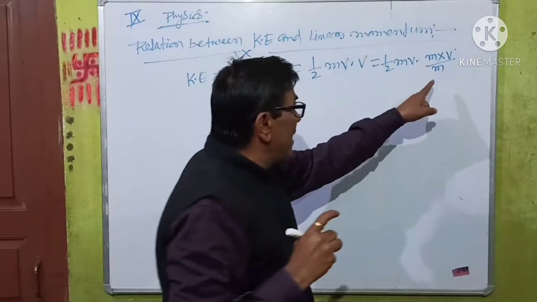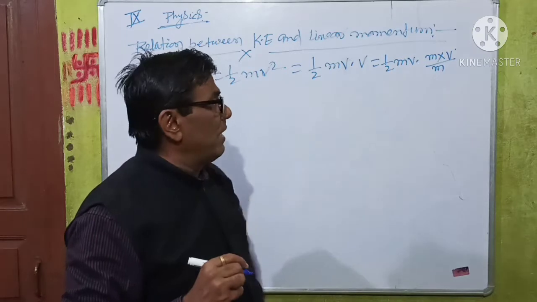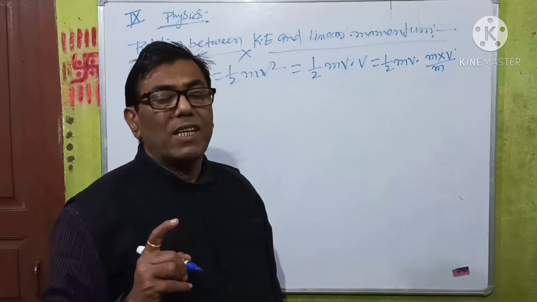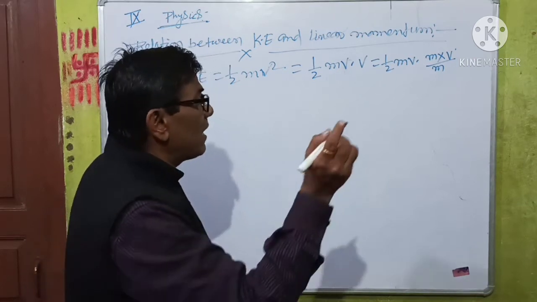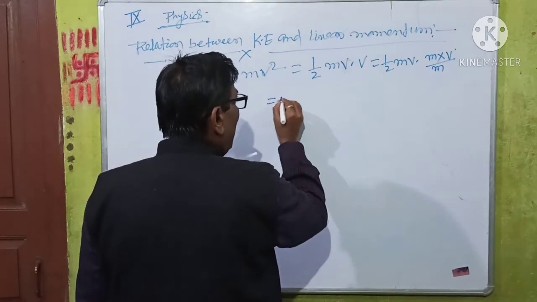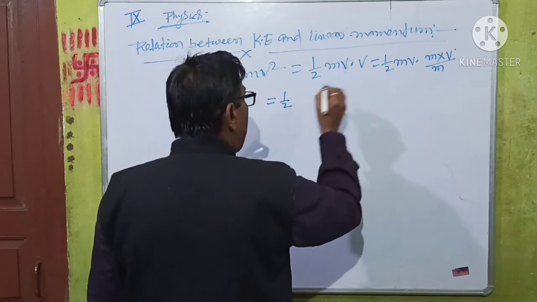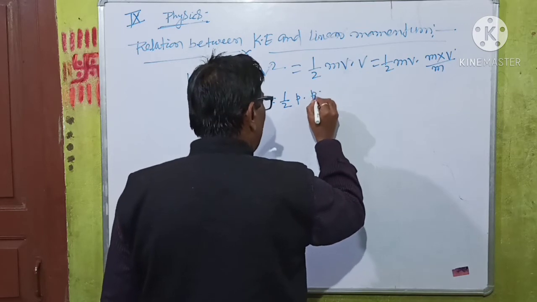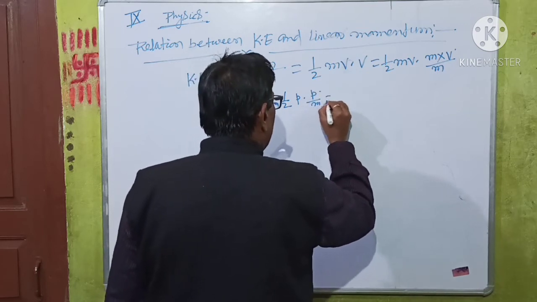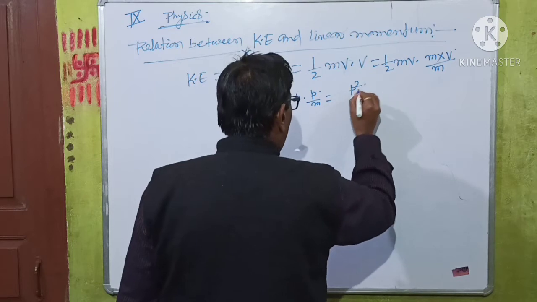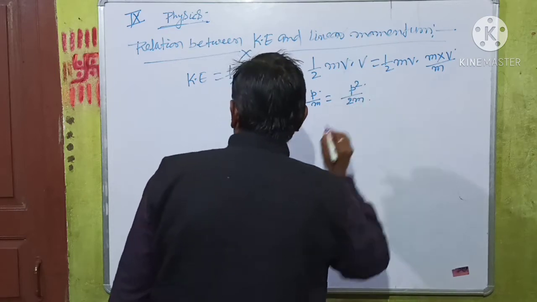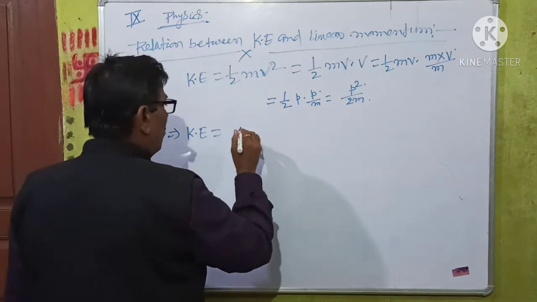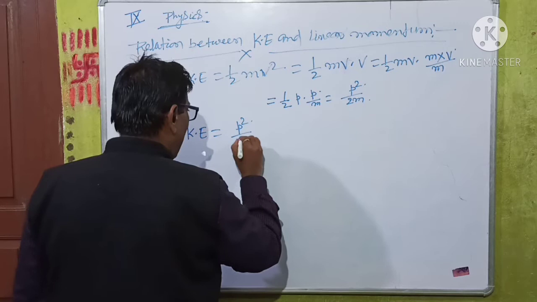Then both m cancel. We know that the product of mass and velocity is known as linear momentum, denoted by p. So mv represents p, and p squared divided by 2m gives kinetic energy equal to p squared by 2m.